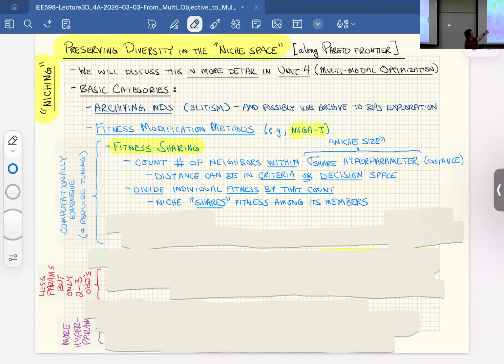And these are often computationally expensive because they require looking at where you are relative to where everyone else is, and then updating your fitness based on the density of others around you. So they require a lot of pairwise comparisons.